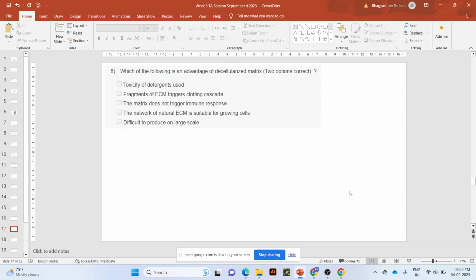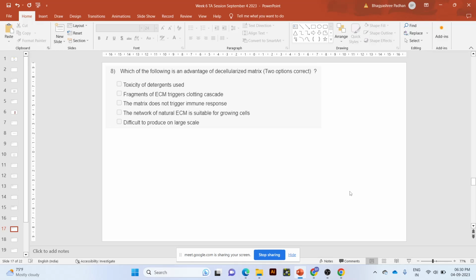Okay, next question. Which of the following is an advantage of decellularized matrix? You have to select two options. Toxicity of detergents used. Fragments of ECM triggers clotting cascade. The matrix does not trigger immune response. The network of natural ECM is suitable for growing cells.